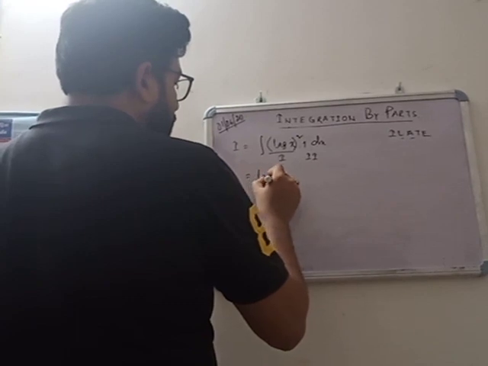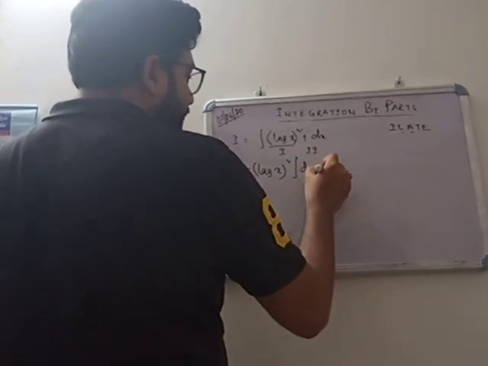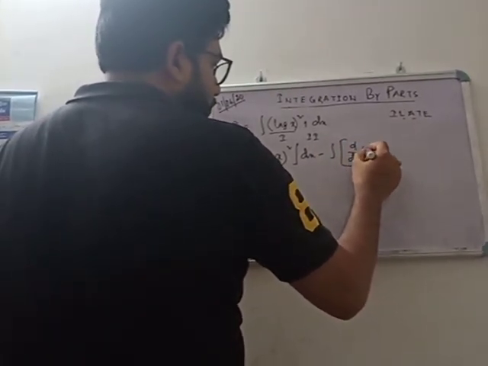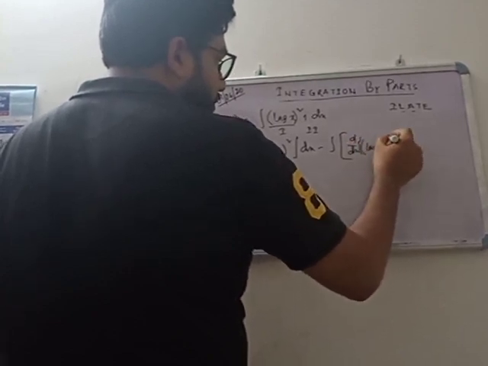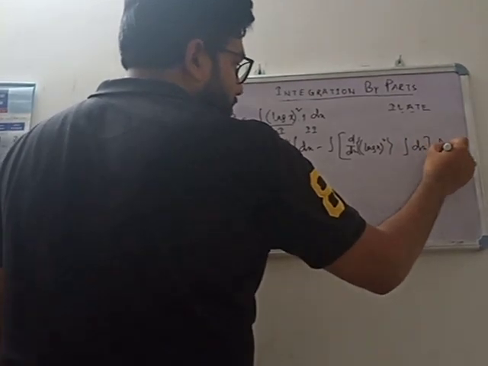So log x whole square dx minus d/dx of log x whole square, the second bracket, dx.